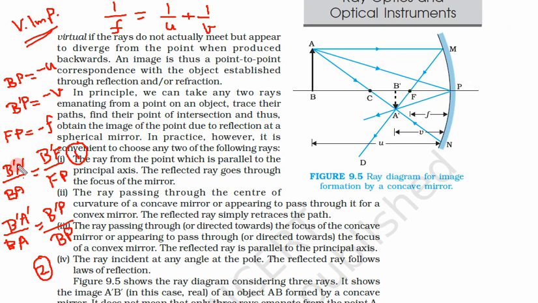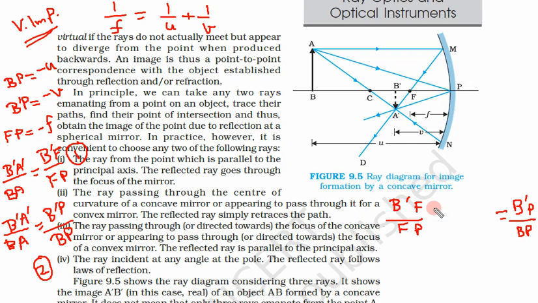So first of all, since left hand sides are equal, let us put the right hand sides equal. So from the first equation we have B'F divided by FP. This must be equal to B'P divided by BP, because left hand sides are equal, then right hand sides are also equal.